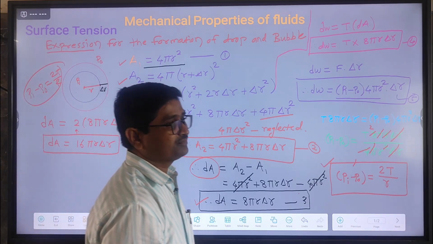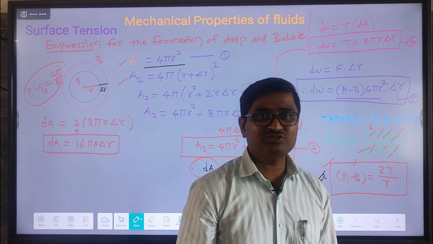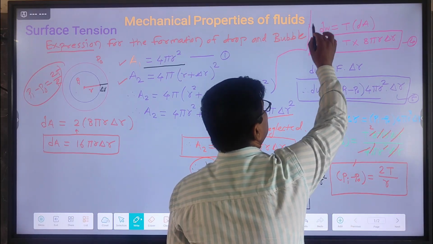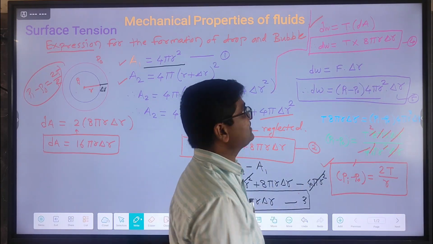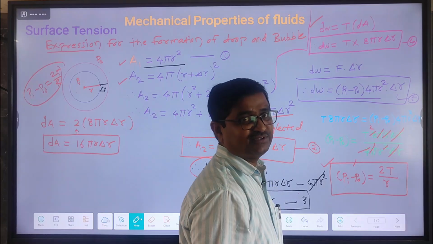After that, if the surface area changes, work has to be done, and as per the relationship between surface energy and surface tension, dW is equal to T into dA.